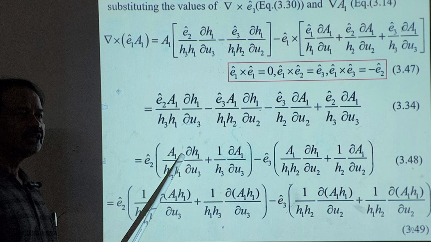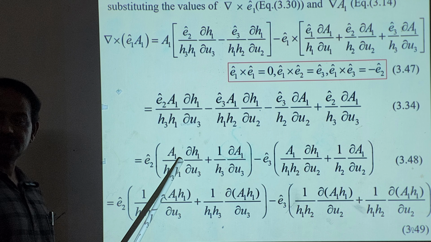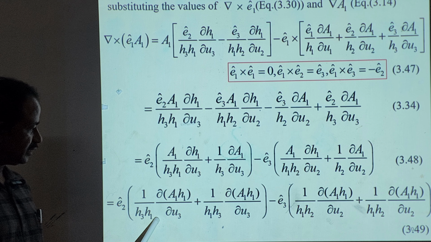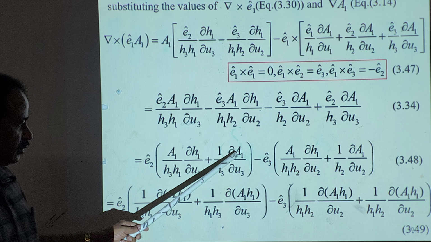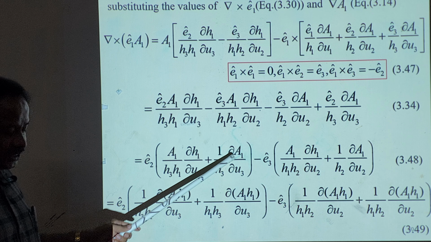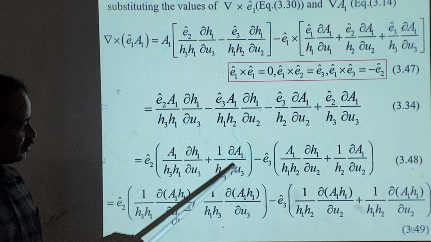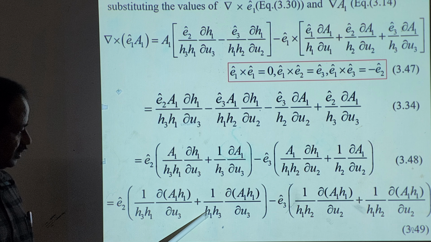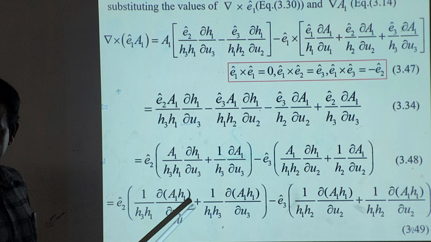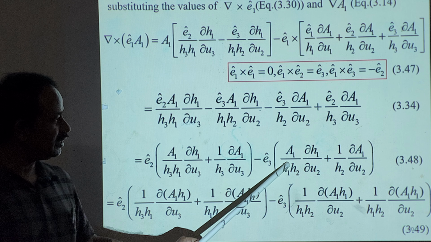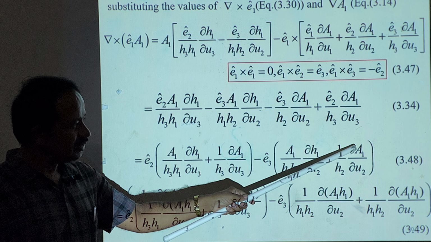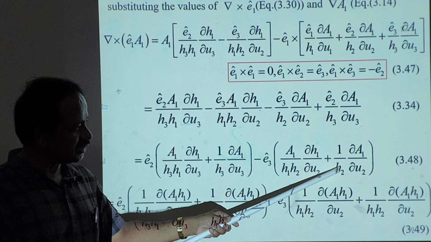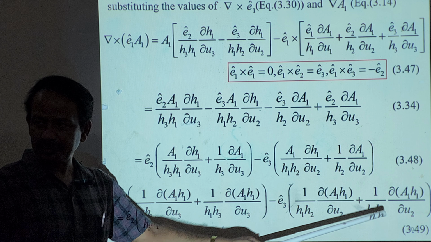So this will give you partial d(A1 H1) divided by H3 H1 du3. Similarly, you multiply and divide by H1 here, so that will give you A1 H1 divided by H1 H3. You can pull H1 H3 out. And here, A1 H1, you just multiply by H1 divided by H1. So that will give you this expression.